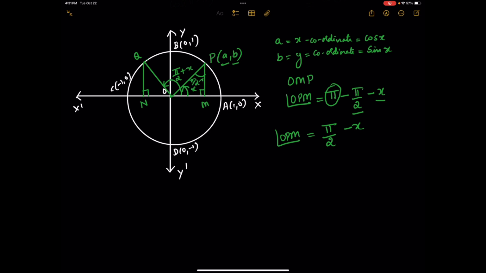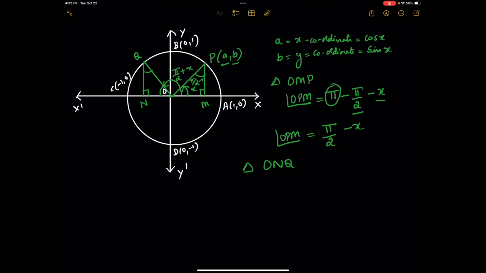Now let's focus on triangle ONQ. So here we have to find the angle formed at O as well as the angle formed at Q. Now, how do we do that?